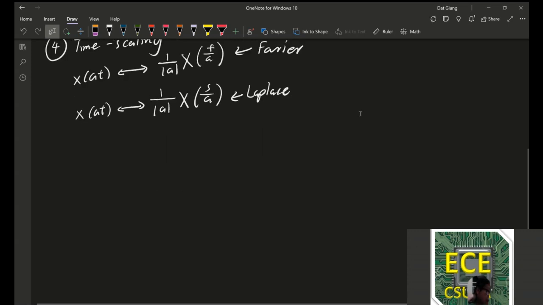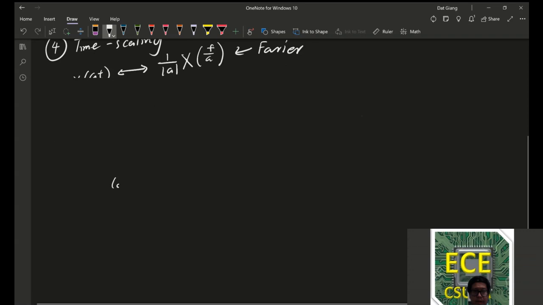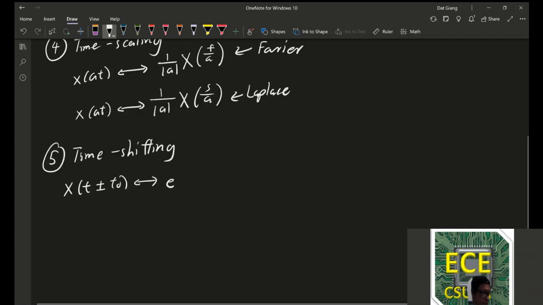Number 4, we have time shifting. Similar to Laplace, time shifting is exactly the same. Let's keep it general: x(t plus or minus t0) becomes some exponential term, e to the plus or minus j 2 pi f t0, times X of f.